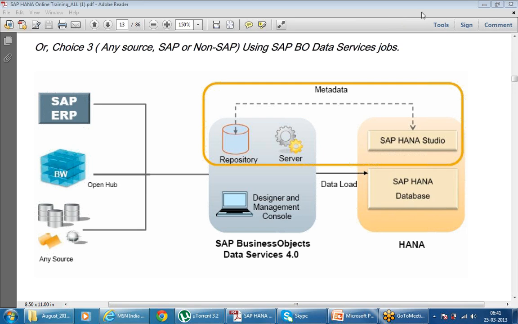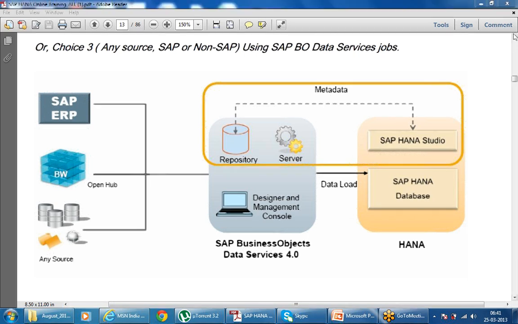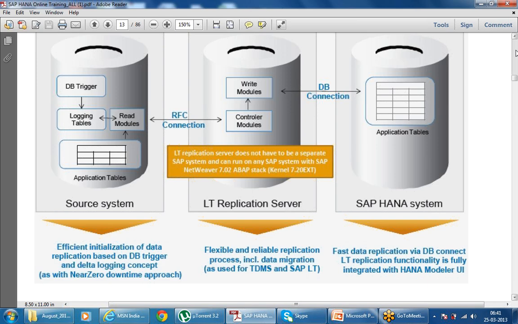One is the SLT, where you have the SAP's landscape transformation server for moving data from the source, usually SAP source, and having the SLT server in between, and then your HANA database as your target system. And we've seen how that architecture will work with the lower versions of SAP and also the higher versions of the SAP ECC system.